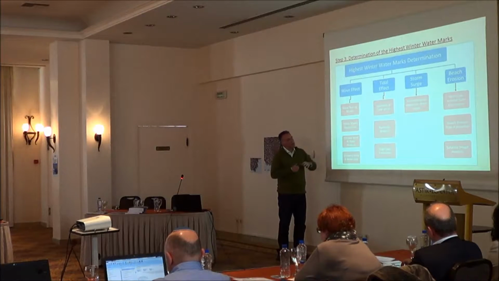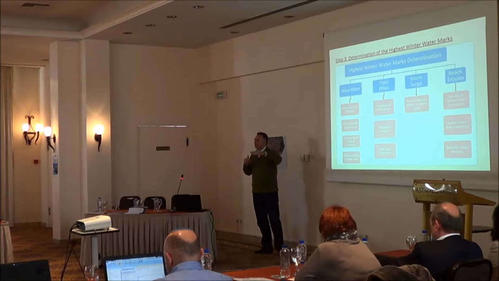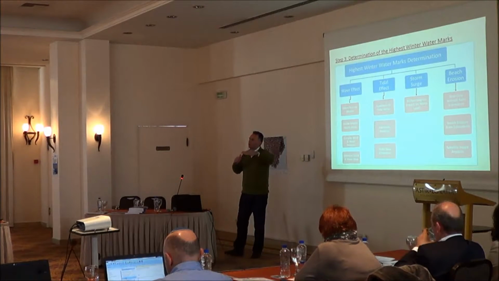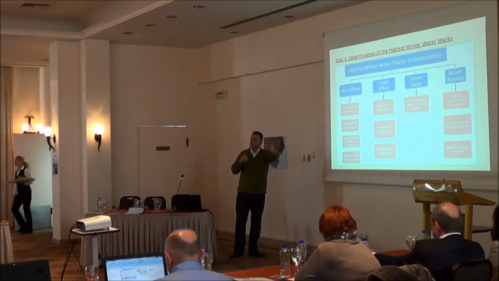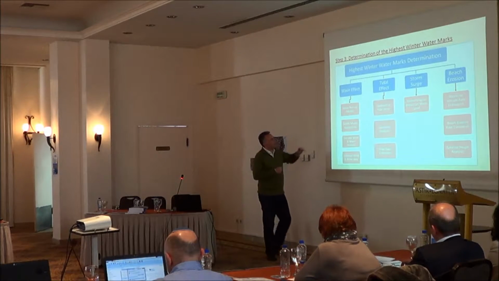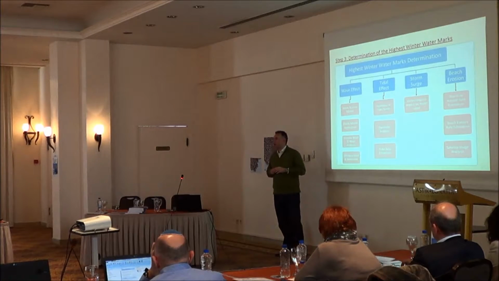Then we apply a wave model, which produces waves in the open sea and brings them to the coastal zone. And then when the wave reaches the coastal zone, we apply wave run-up models.